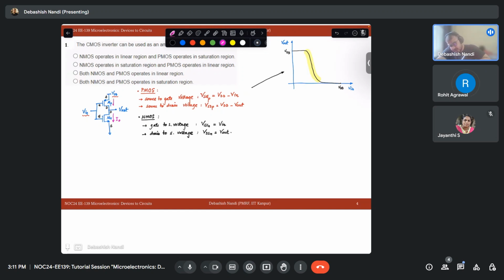This same current will be flowing through the entire stuff, because this is connected in series and there is no other path for the current to go. V out, I am just probing. That means it is an open circuit point where I connect my voltmeter and measure V out. So the entire I0 should be flowing through both the transistors. Now I need to see with my V out how my I0 will be behaving.